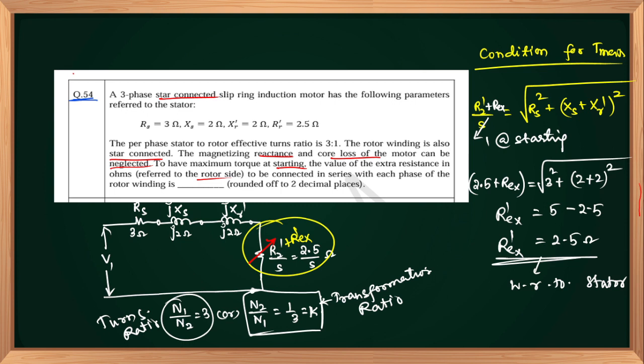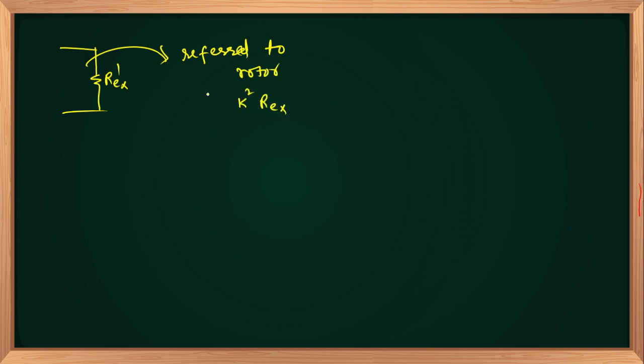But he is not asking on the stator. If you fill in 2.5, it is a wrong answer. He is asking to refer to rotor side. Okay, right. So if you refer the R external to the rotor side, it will be K square times R external. What is K? Transformation ratio, N2 by N1. N1 by N2 is given as 3, so N2 by N1 will be 1 by 3, whole square, into 2.5.